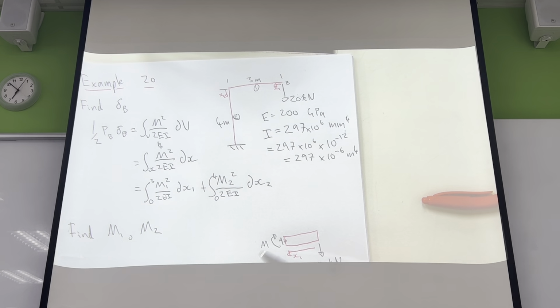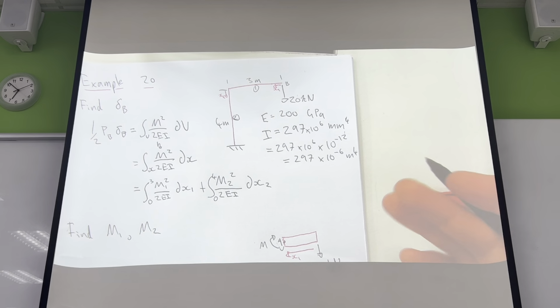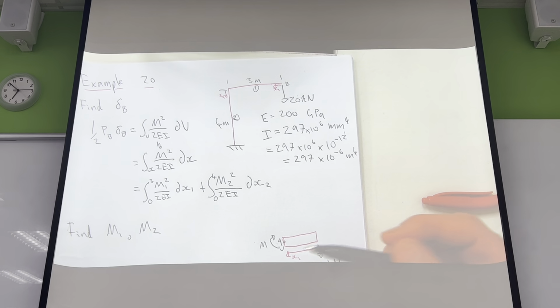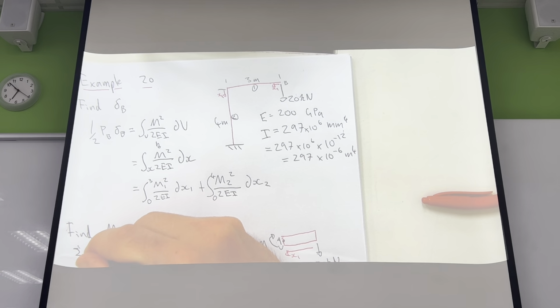Nice and easy about this point, so we don't have to figure out B. We don't need to figure out B anyway, because it's not necessary. We're trying to find M1 and M2, so let's sum the moments about that point, equals 0.